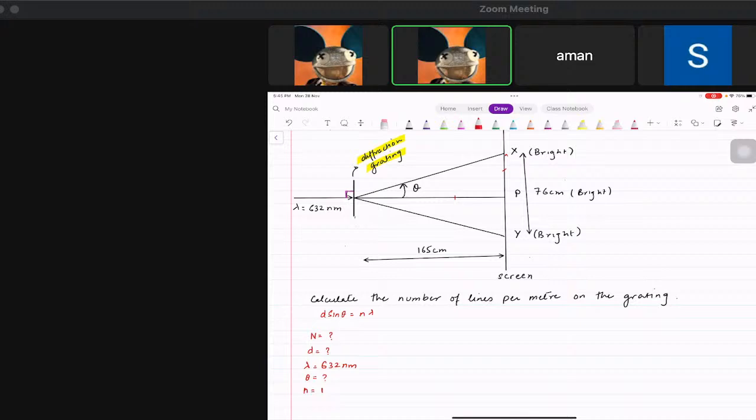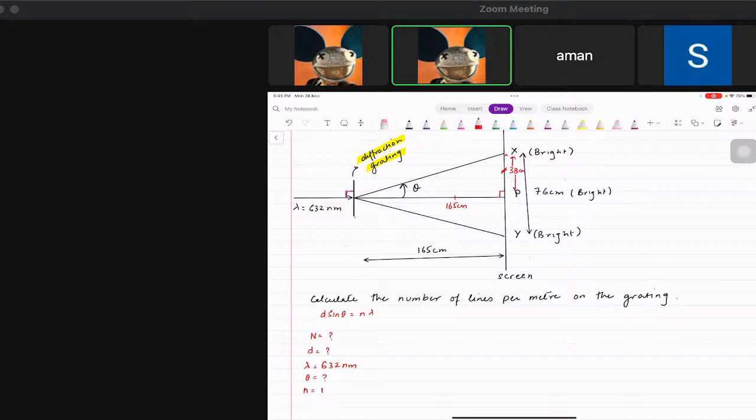So to find this, I just need to use some trigonometry, because this is 165 centimeters and this is 90 degrees, and if I want to find this line, this is going to be 76 divided by 2, which is basically equal to 38 centimeters from here till here.